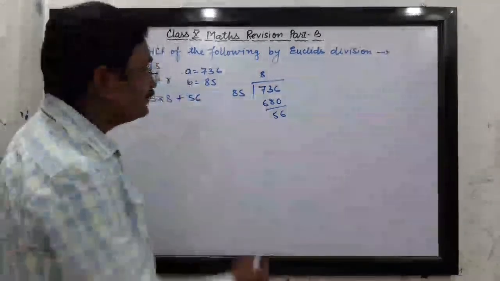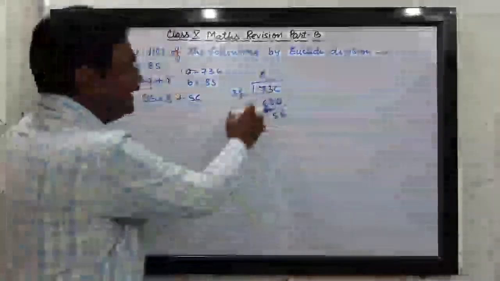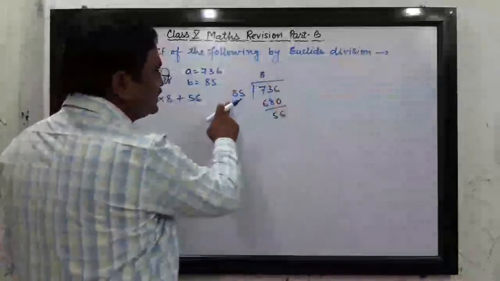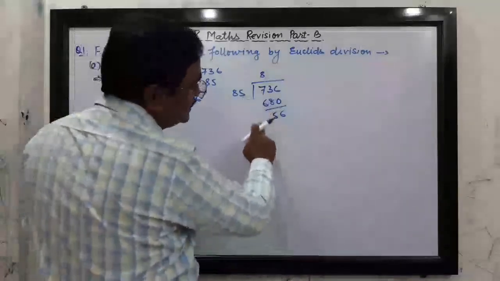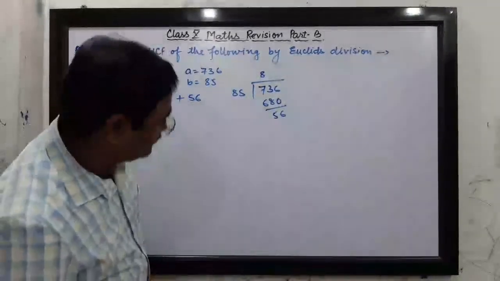Right friends? Any confusion? If you have any confusion, you can divide and check it. 8 5s are 40, 8 8s are 64, plus 4 is 68, and subtracting, we get remainder 56.